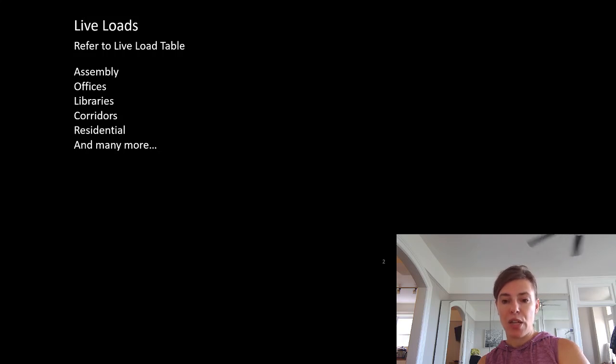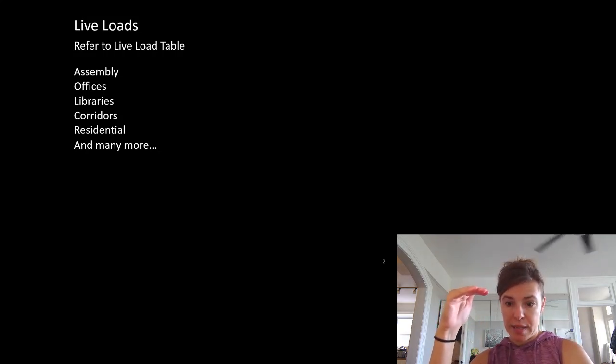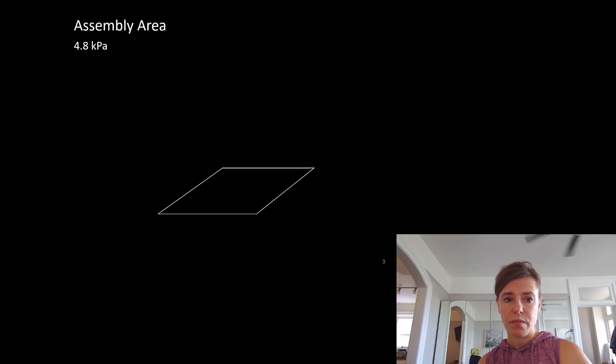That is from the National Building Code of Canada, and that is the loads that we have to use depending on what type of building it is. So once we know we are designing a museum, we would open that up and say, okay, here's the live load that we have to use when we're designing a museum.